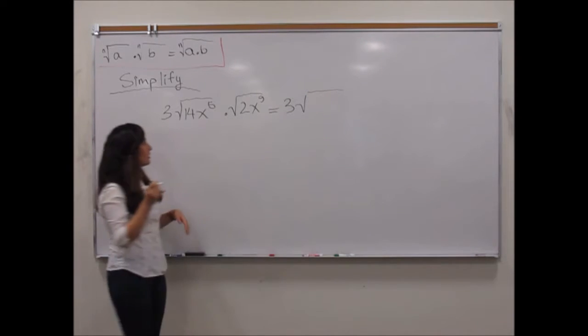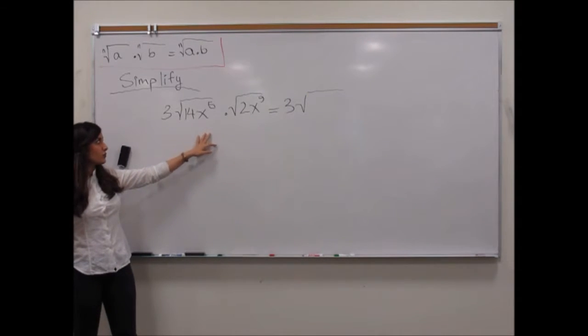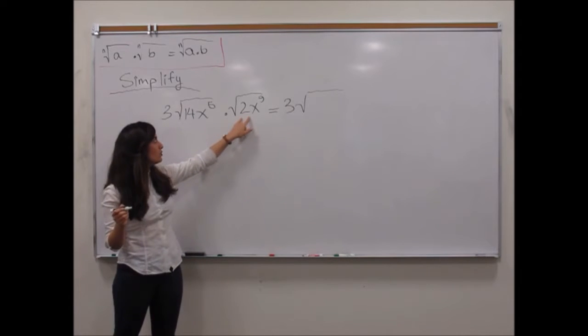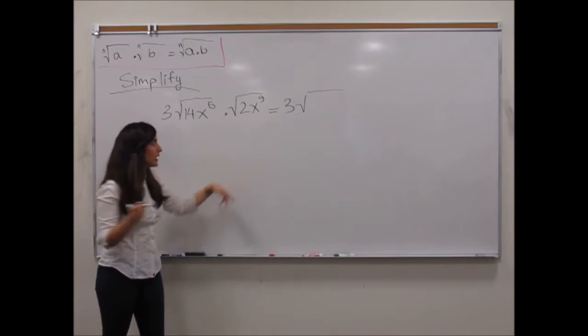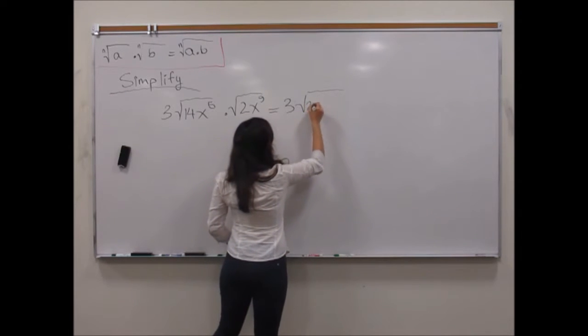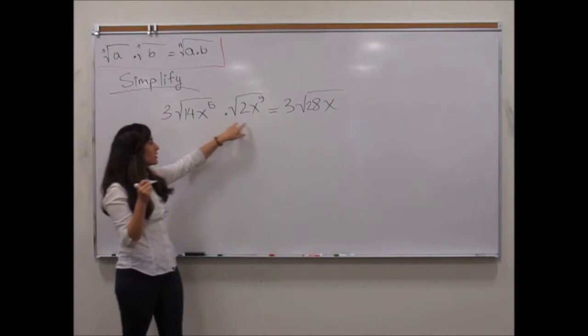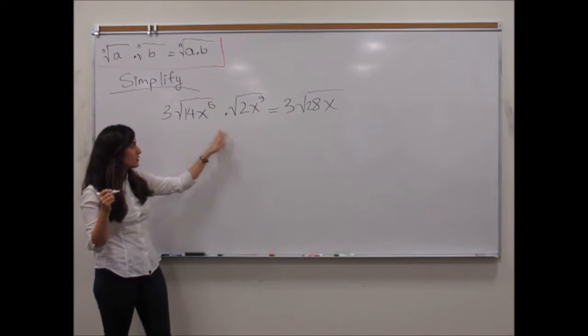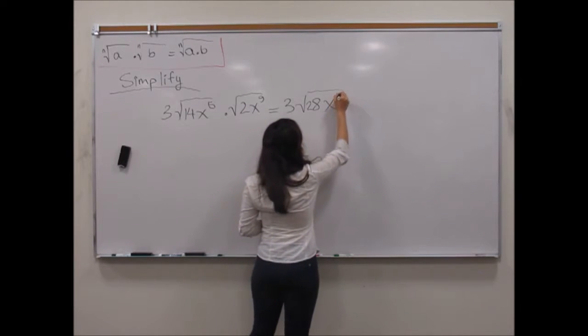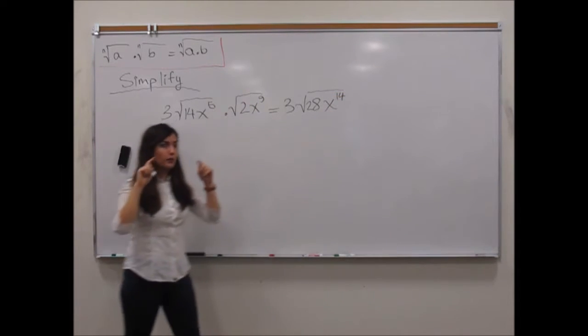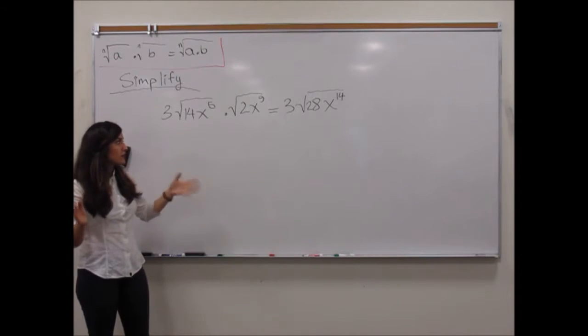And then I'm going to rewrite these radicals as one radical. 14 times 2 is 28. And I have x to the 5th times x to the 9th gives me x to the 14th because we add the exponents. And right now we have to simplify.